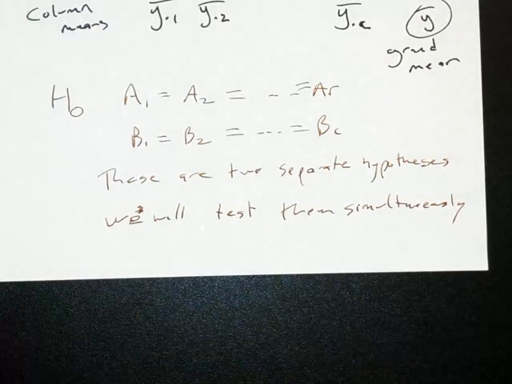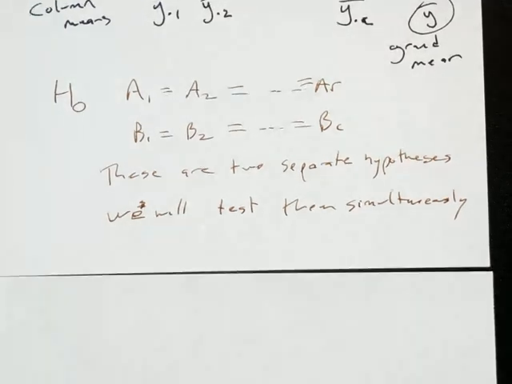Now, sometimes in ANOVA testing, really, I'm only interested in one of these two factors. But the other one is there just in case there are confounding effects. All right, wait a minute.